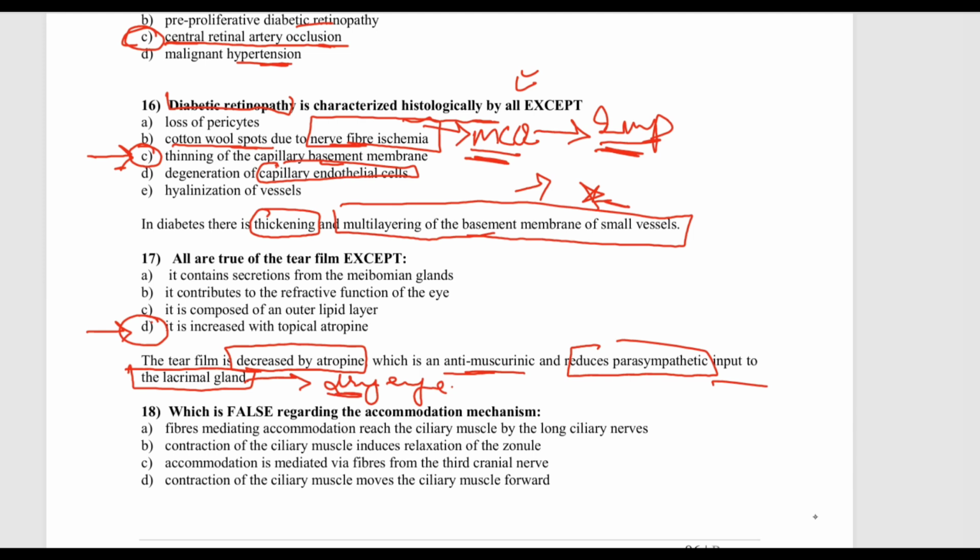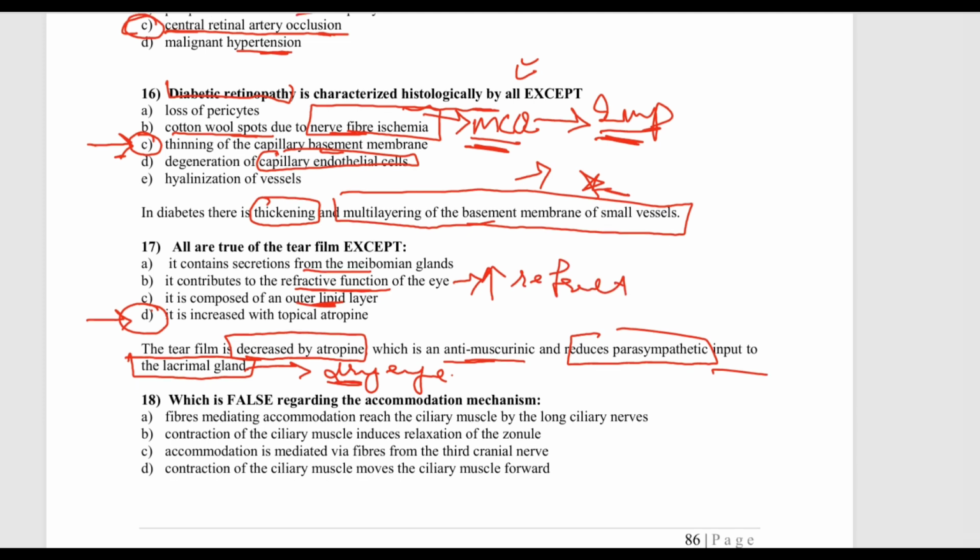Other functions are like it contributes to the refractive function of the eye because it clears the cornea, so refractive power is increased. It is composed of an outer lipid layer, secretion from the meibomian glands.